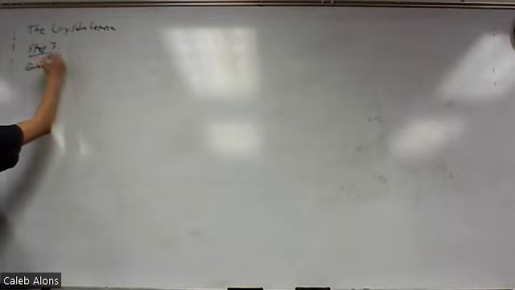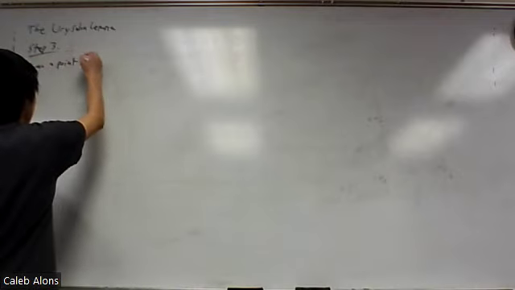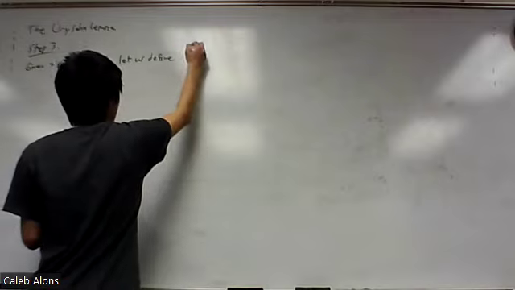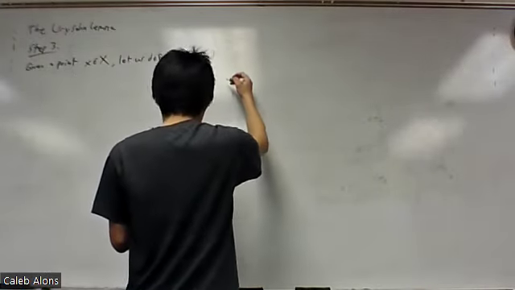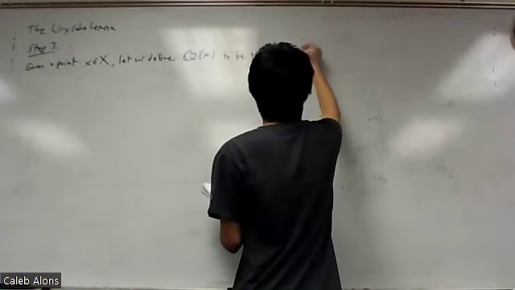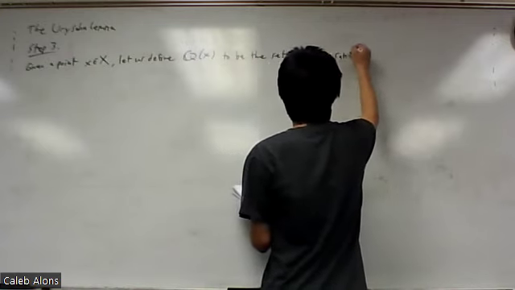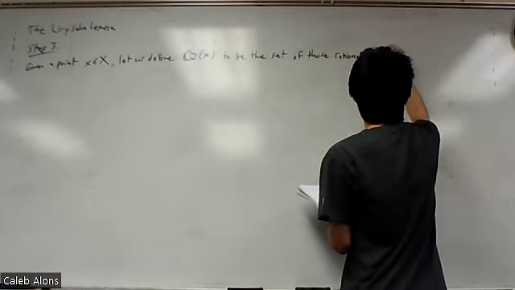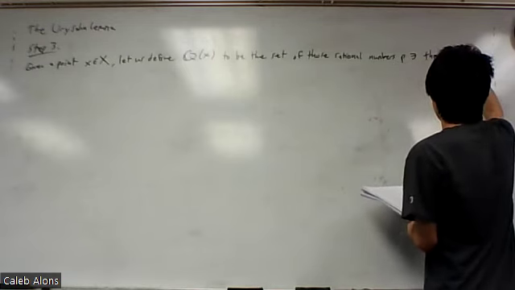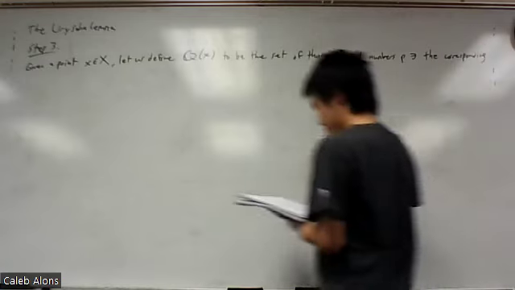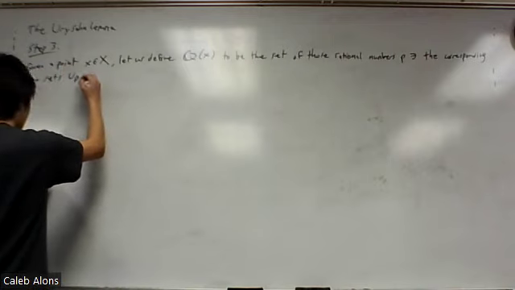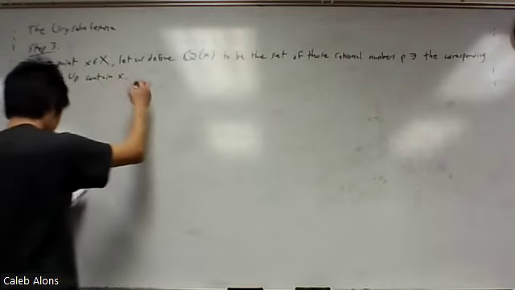Given a point x in X, let us define Q(x) to be the set of those rational numbers p such that the corresponding open sets U_p contain x.